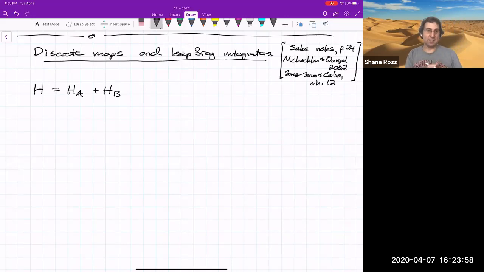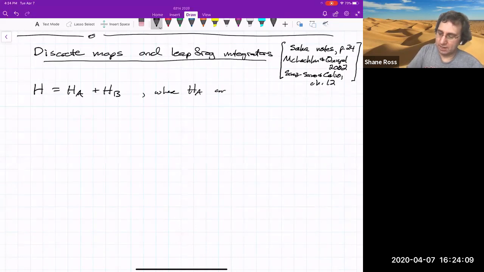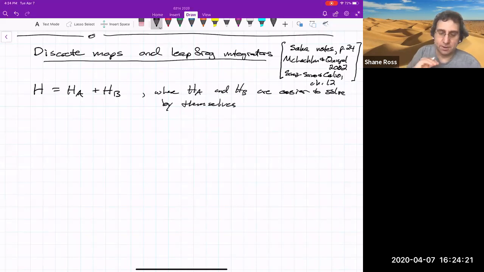So H does equal HA plus HB, where HA and HB are easier to solve by themselves, either analytically or numerically. They're easy to solve by themselves, but not together.